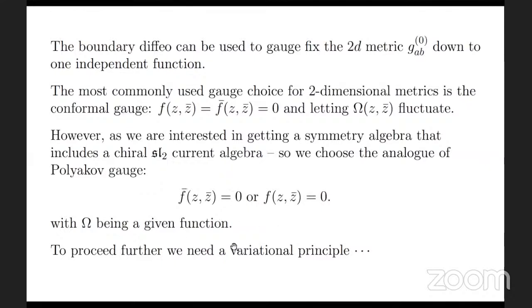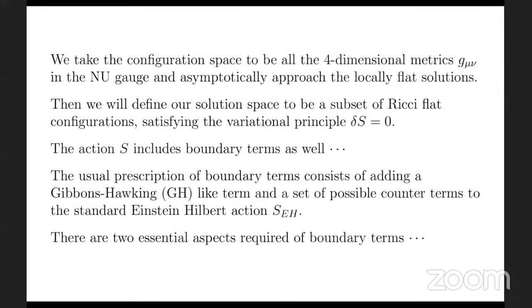To proceed further, we need input from the variational principle. Okay, so we take the configuration space, as I said before, to be all 4-dimensional metrics in the Newman-Unti gauge that asymptotically approach one of the locally flat solutions we have found. Okay, so to specify the delta S, you also need the boundary terms. Okay, so I need boundary terms, and the usual boundary terms are Gibbons-Hawking-like terms.